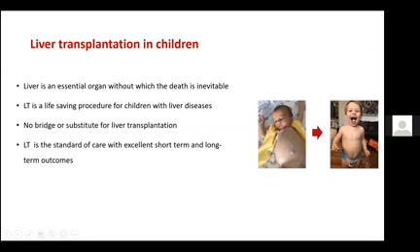Giving a bit of a background, liver transplantation in children. So we all know liver is an essential organ without which death is inevitable, and when the liver fails, there is no other substitute. And liver transplantation is the life-saving procedure for children with many liver diseases meeting the criteria to have a liver transplant.